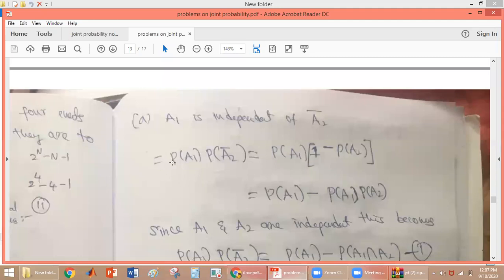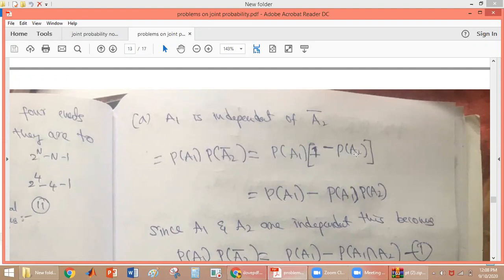So first we find probability of A1 into probability of A2 complement and check whether it is equal to probability of A1 intersection A2 complement. If it is equal, then these two events are statistically independent. Now probability of A1 into probability of A2 complement: how do we write probability of A2 complement? Probability of A2 complement can be written as 1 minus probability of A2.